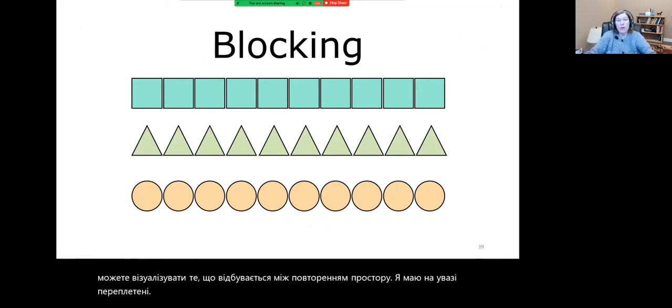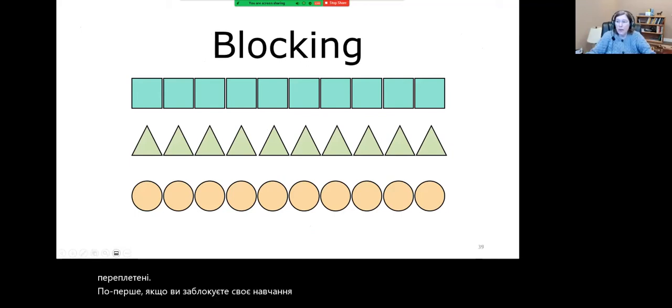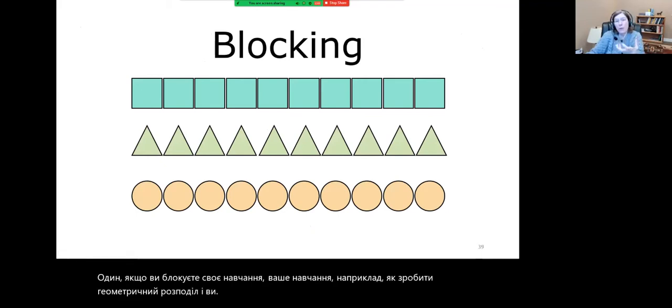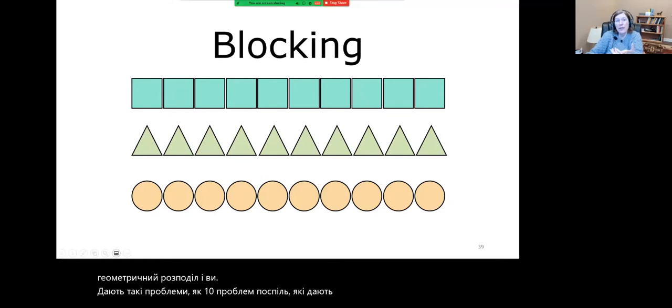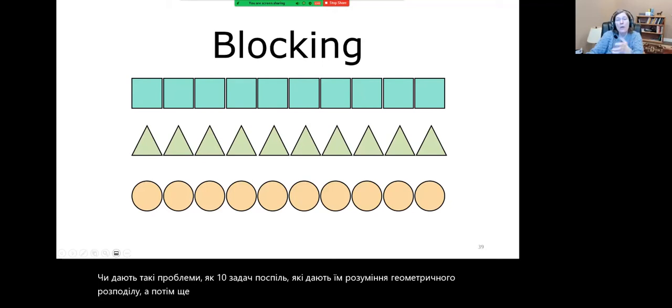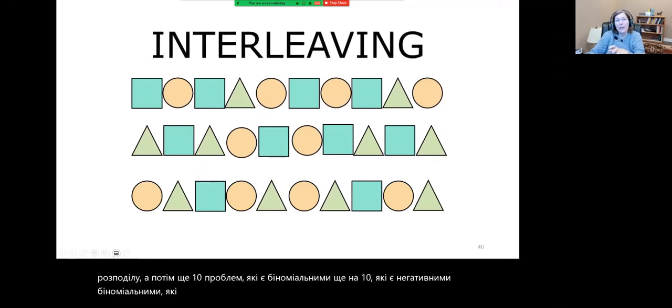If you block your study, for example, teaching how to do geometric distribution, and you give 10 problems in a row that give them an understanding of geometric distribution, and then 10 more that are binomial, 10 more that are negative binomial, you want to avoid that kind of thing. You want to mix things up. And students will think, oh, I'm not learning as well because it's harder, but they're actually learning even better.